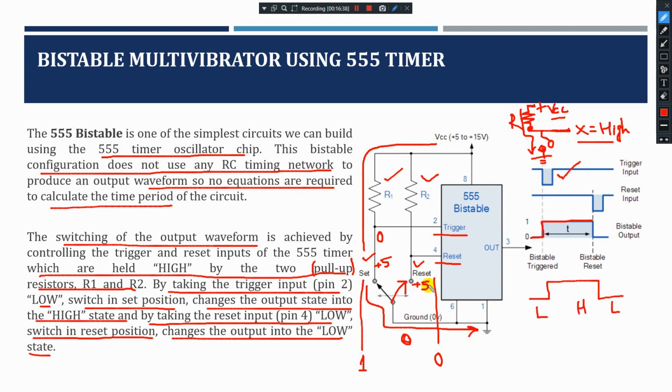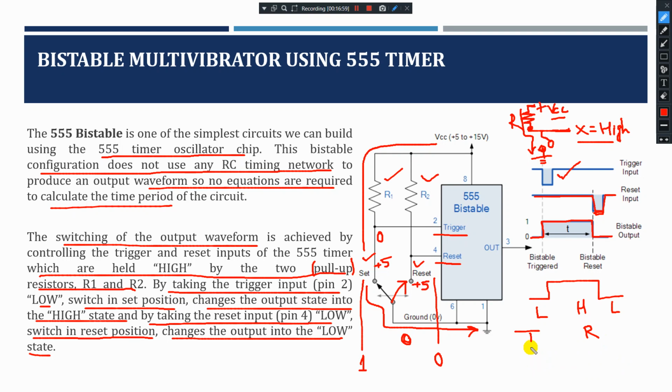When your reset becomes 0, it is a low triggered pulse, and your output goes to 0. Hope you understood. By using trigger pulse and reset pulse, your output will change.